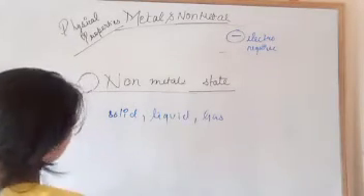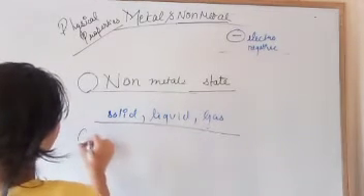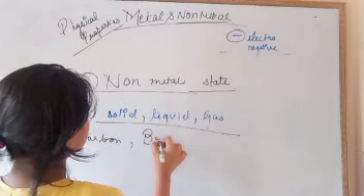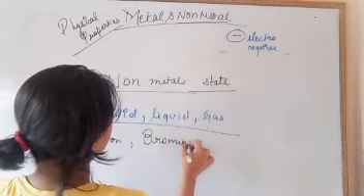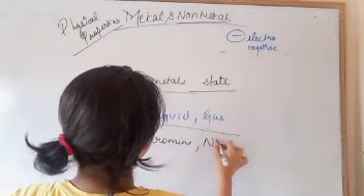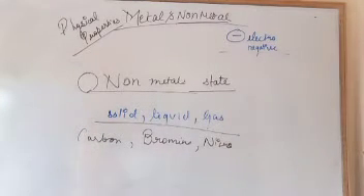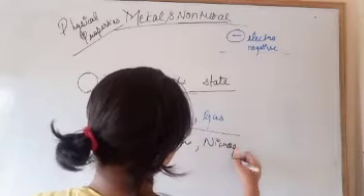Solid, like carbon. Liquid, bromine. Gas, nitrogen, oxygen. Right? So at room temperature, they occur in all three states: solids, liquids and gases.